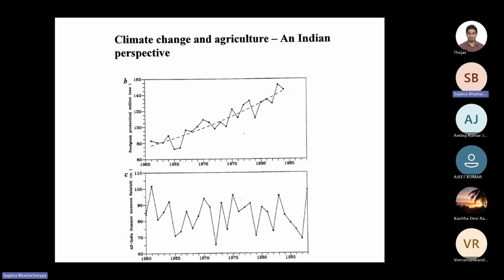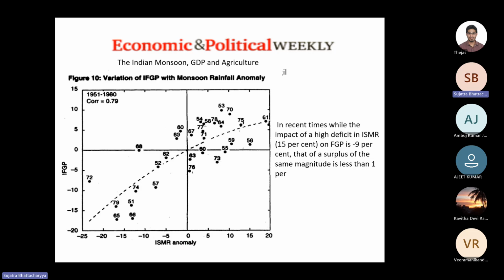You can see that in every drought, the production goes down by 10 to 20 million tons, and it doesn't go down linearly. The most important discovery she made was that the food grain production anomaly is not a linear curve. It is non-linear. When the monsoon is below normal, your yield goes down dramatically.